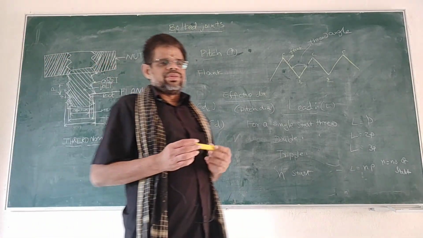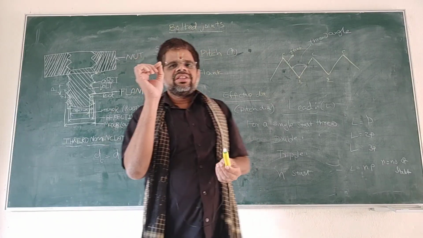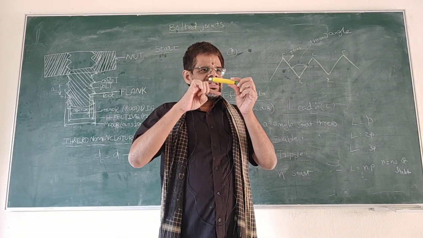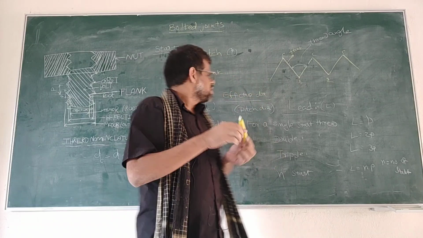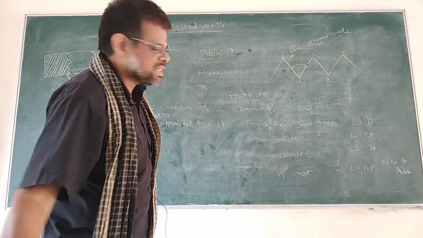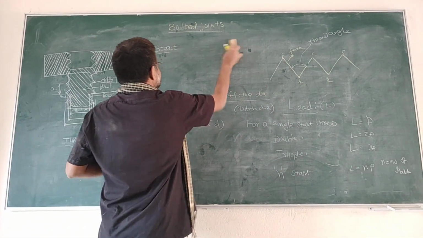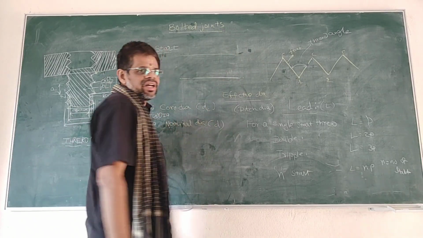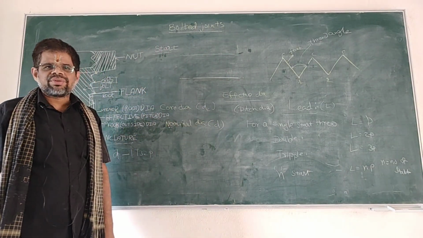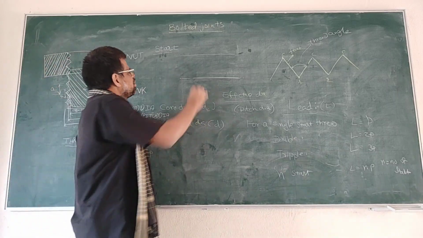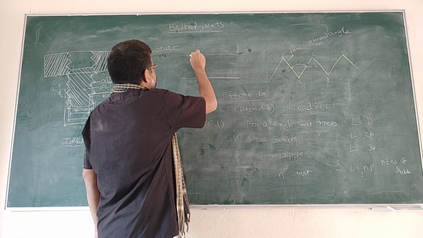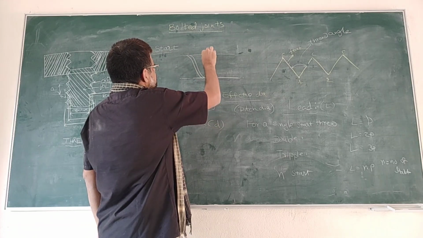Let us take an example. See, we know that a thread is a helical groove which is cut over the surface. Let me explain. This is the shank surface on which the thread profile has to be cut. Now we have cut a groove like this, one helical groove.